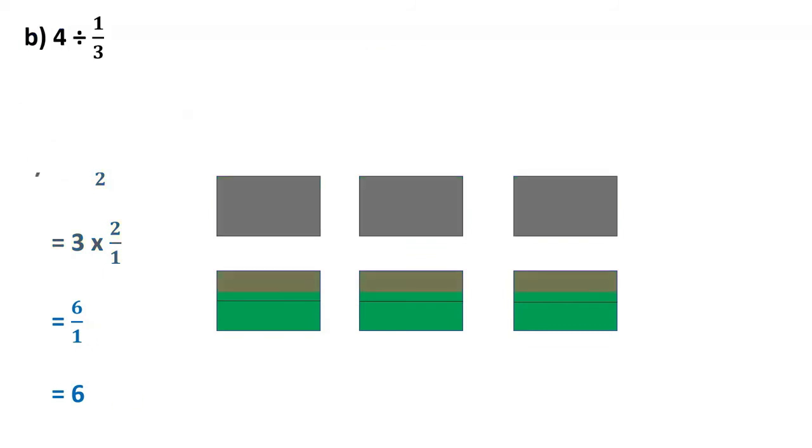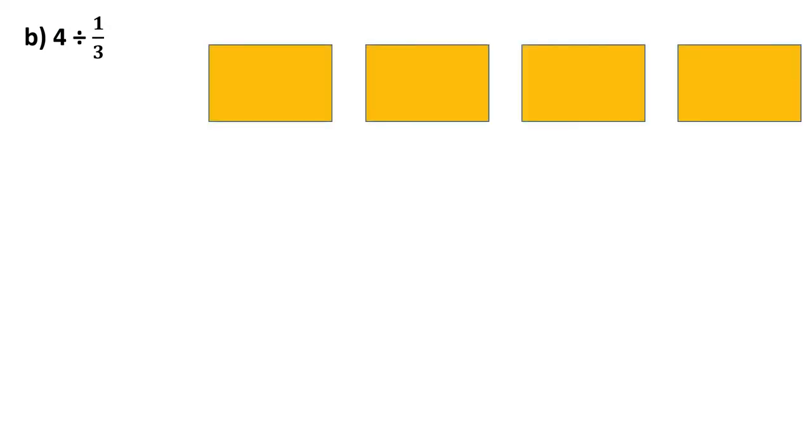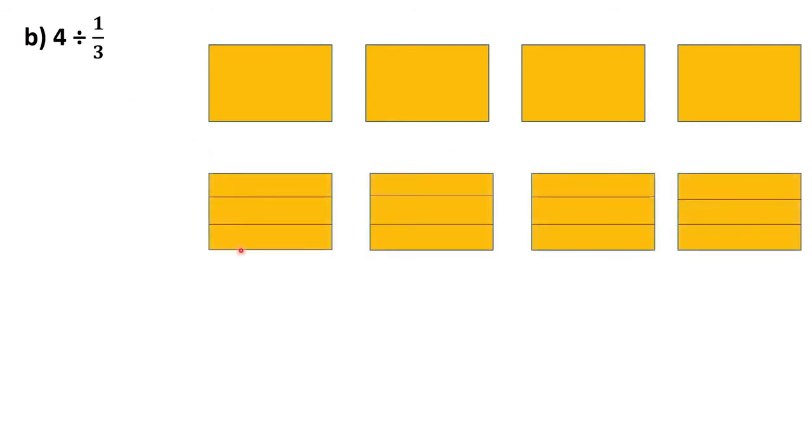Next you have 4 divided by 1 by 3. Let us see this also. For the whole number we are having 4 boxes here, and each of the 4 boxes will be divided into 3 equal parts, as you can see here. So the diagram for this question is like this.